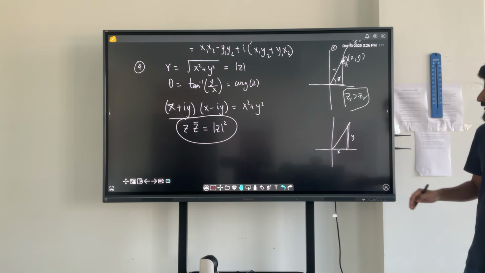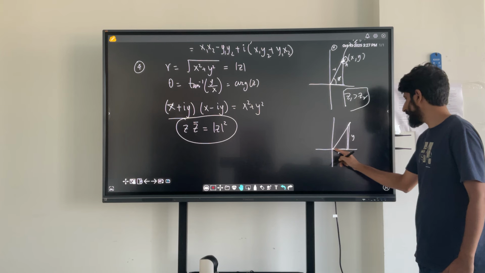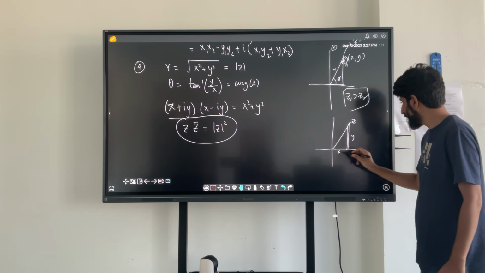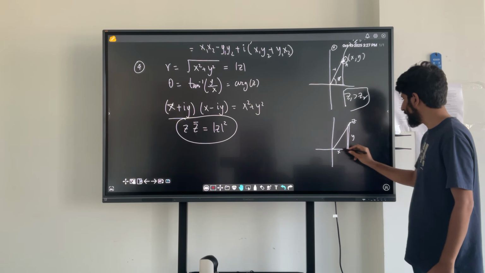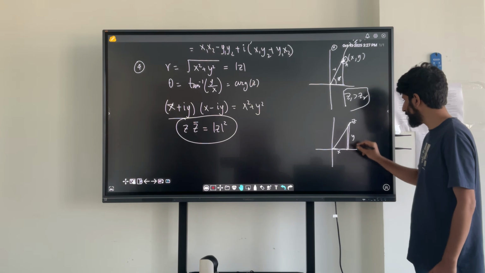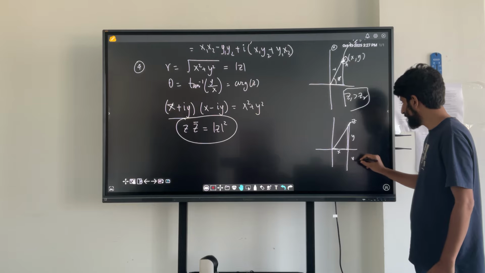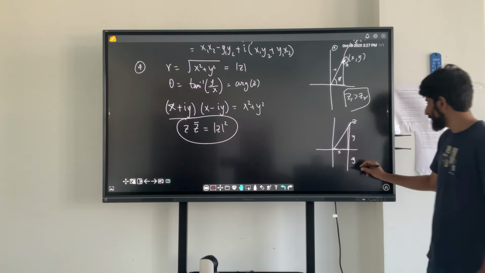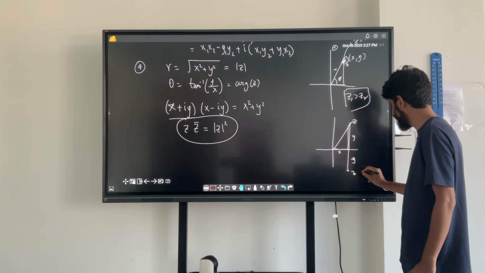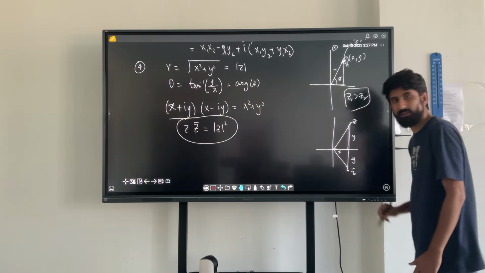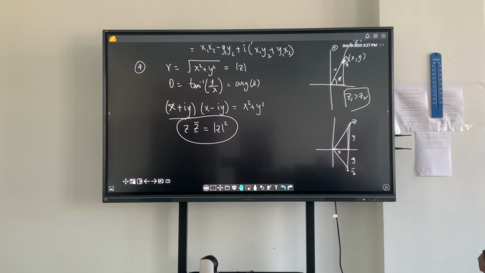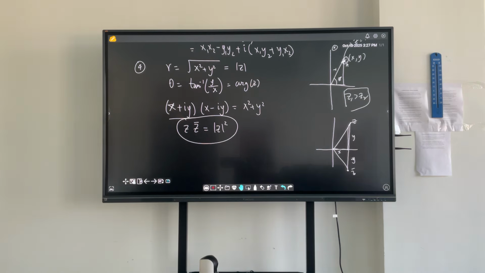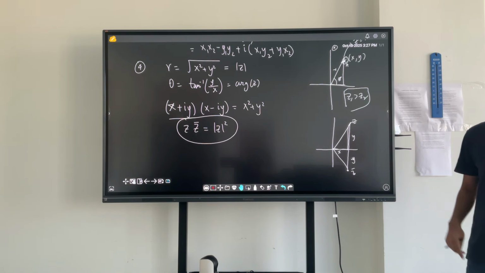Remember, since they were real numbers, we could associate them with some distances. So where does z bar sit? This is z, basically, this point. Now z bar sits where it has the same x but equal and negative y. So then this is basically z bar. Perfectly symmetric. So the modulus of the two would be the same, obviously, because of symmetry.